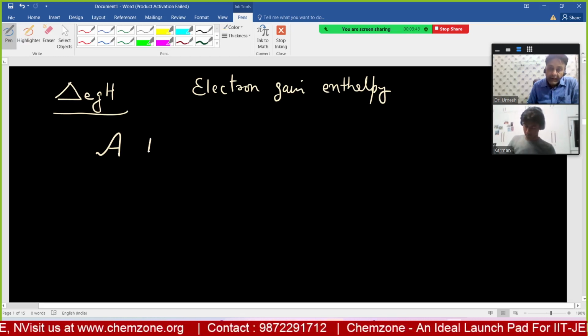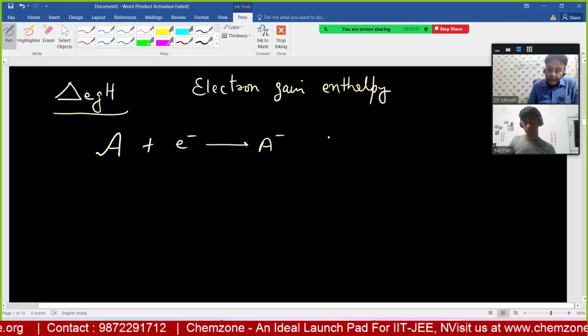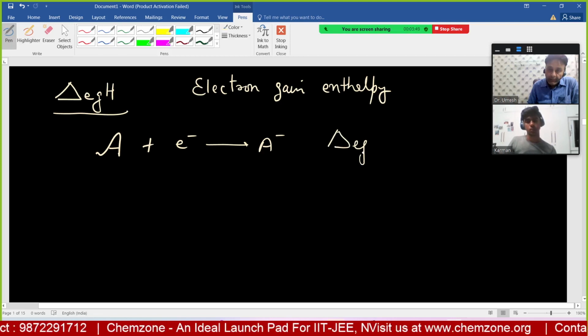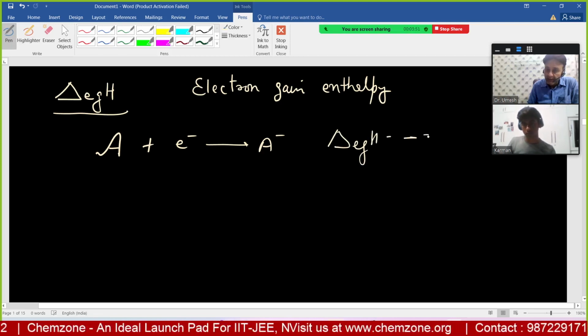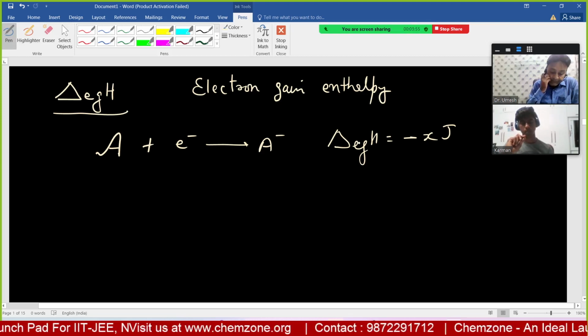It means here we have an atom and now we are adding an electron to it. It will become negatively charged. Some amount of energy is released, minus X. The minus sign indicates it is exothermic.